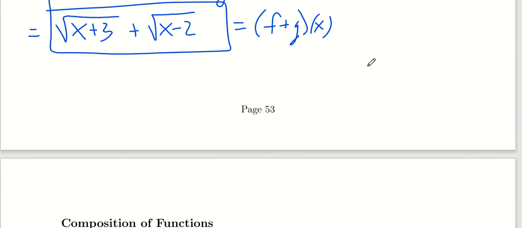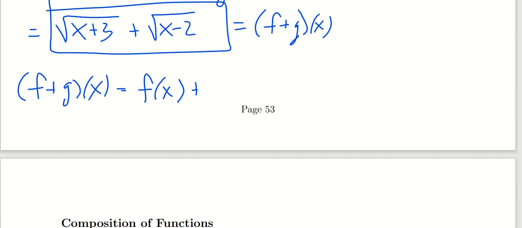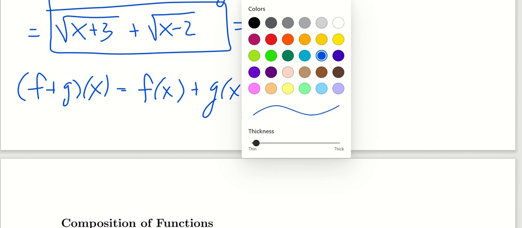And let's just discuss this very thoroughly here. By definition, f plus g of x is equal to f of x plus g of x. So going back, what does it mean to have a value of x that's in the domain?